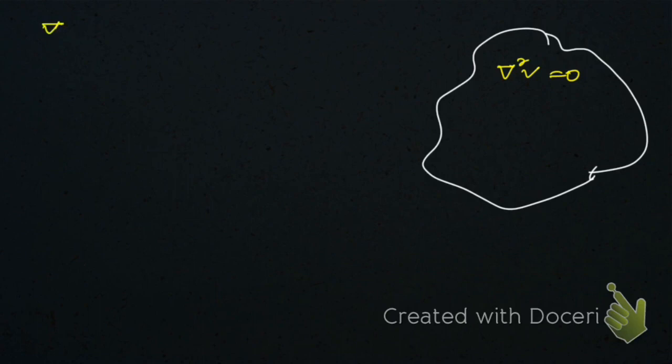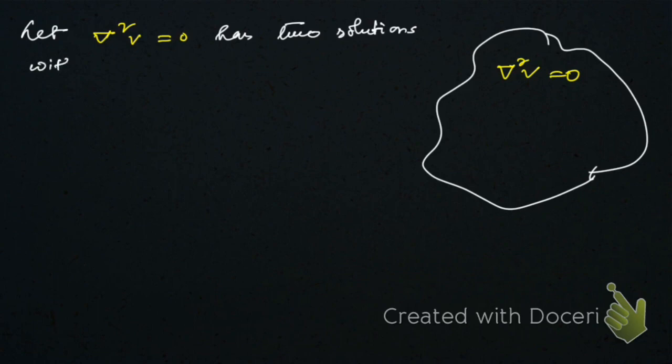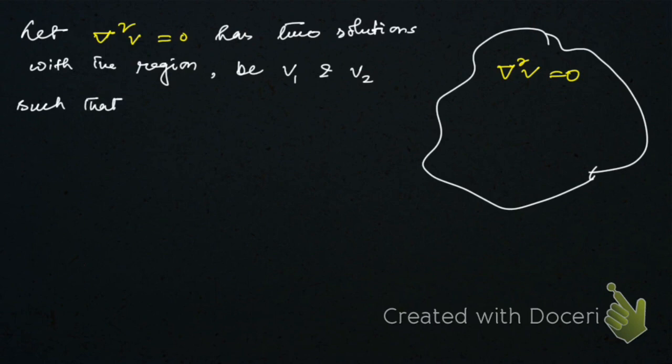Let us suppose the Laplace equation del square V is equal to 0 has two solutions within the region, and let those two solutions be V1 and V2, such that they have different values within the region.